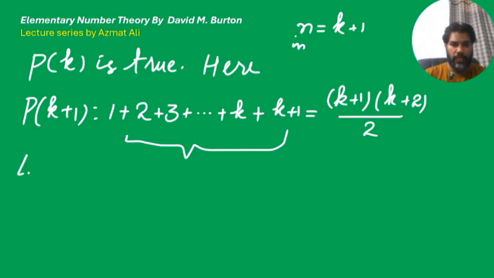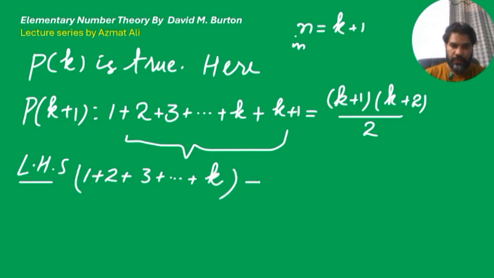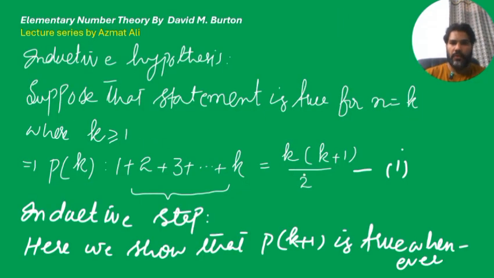So we choose the left hand side: 1 plus 2 plus 3 plus k plus 1. Next, by using equation number 1, the sum of the first k natural numbers is given by k into k plus 1 by 2. So we substitute this sum.